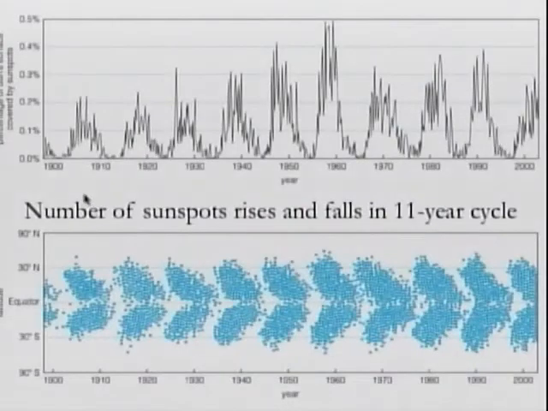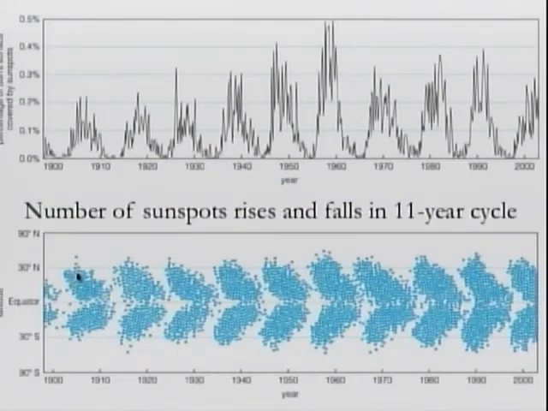In here I have a plot that shows in the x-axis time in years. I don't know if you can read it, but the leftmost is 1900 and the rightmost is 2000. In summary, what you see is that the number of sunspots rises and falls, and rises and falls, and rises and falls in periods of about 11 years, all right?